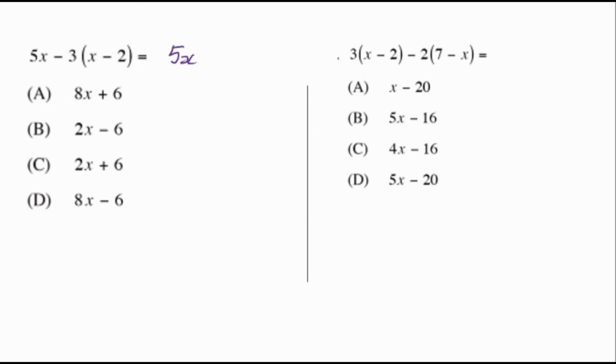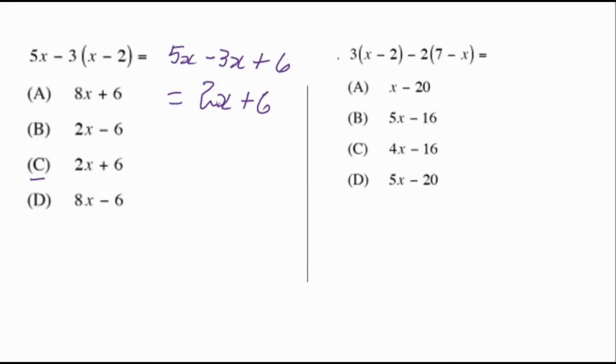It will be negative 3 outside. We're going to get negative 3x. And negative 3 times this negative 2 will give us plus 6. When we simplify now, 5x minus 3x will give us 2x and plus 6. So the correct answer would be C.